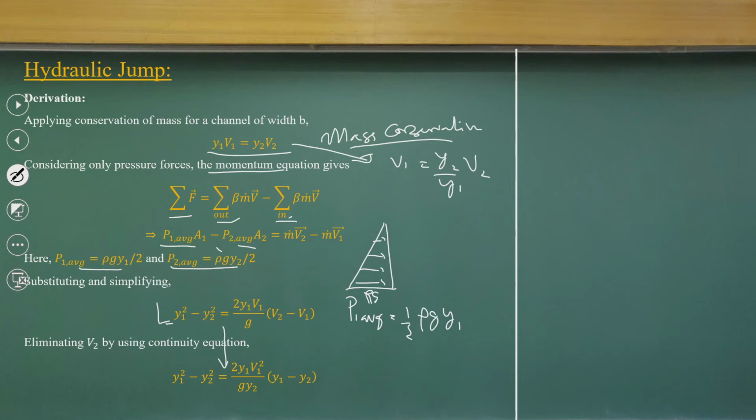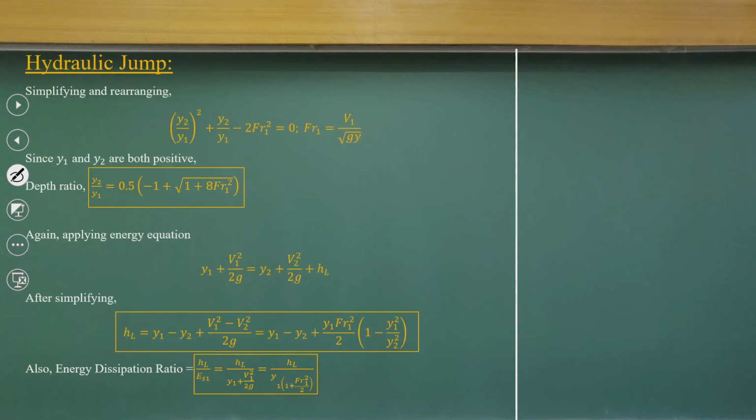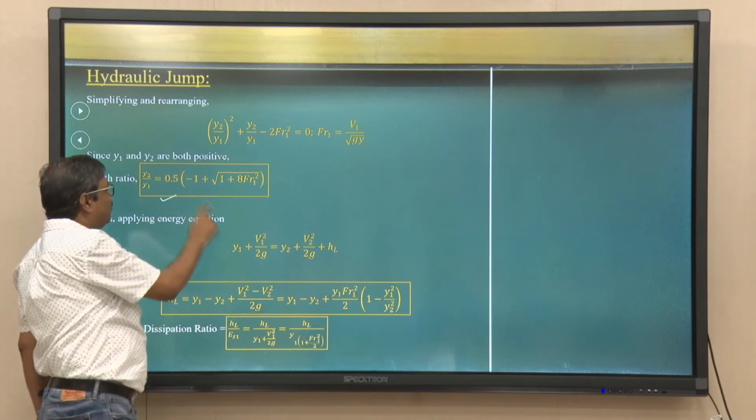This is the average pressure acting at section 1-1. Similarly for section 2-2, and if you do a systematic derivation, finally I get a relationship with y2 and y1.